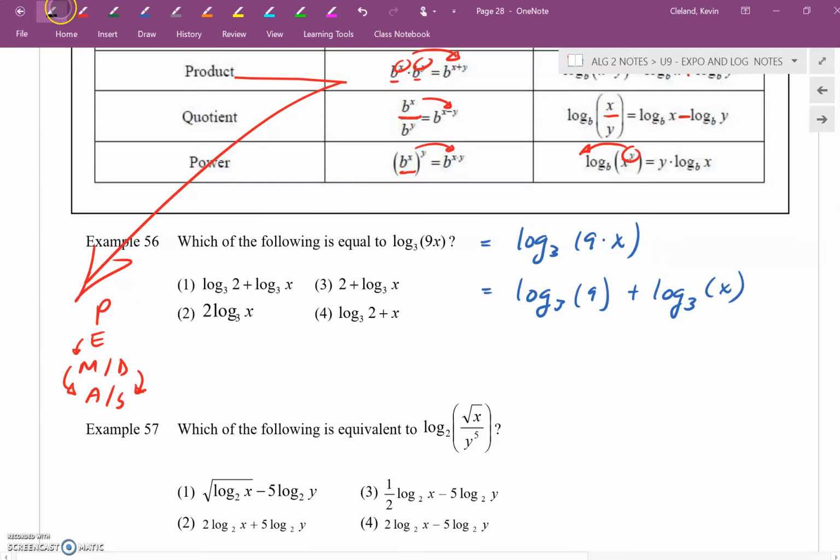That's useful because that separates out the log with the variable and the log with the number. I'm going to create a variable here called k, and say log base 3 of 9 equals k.